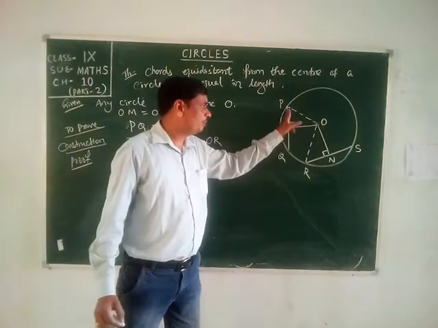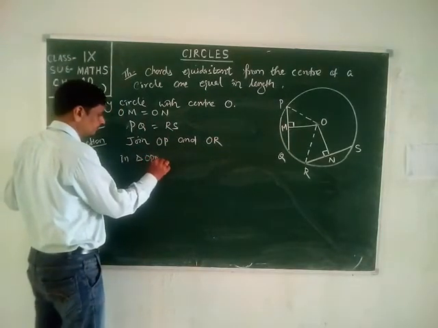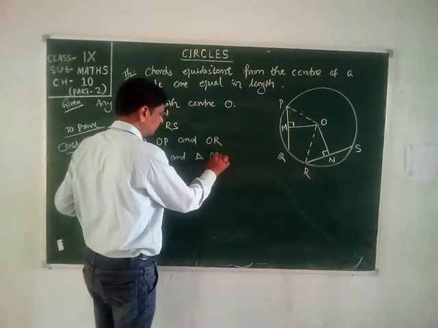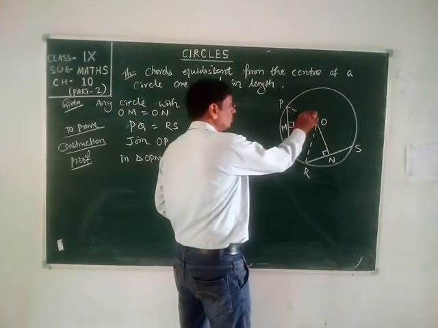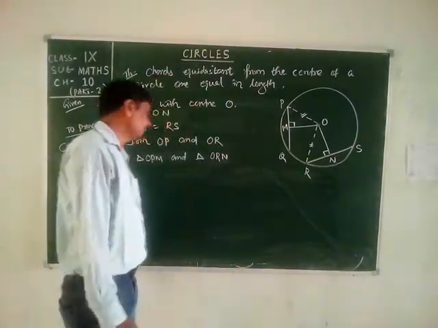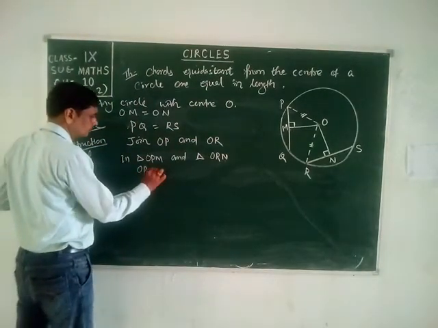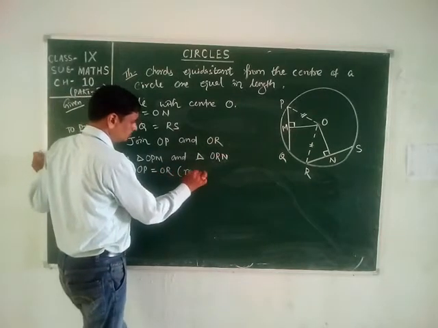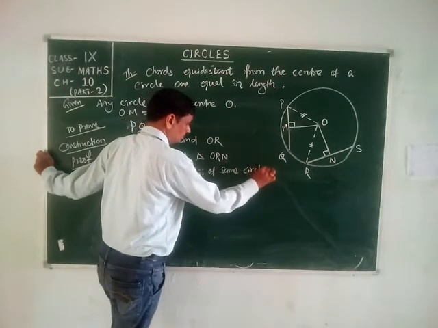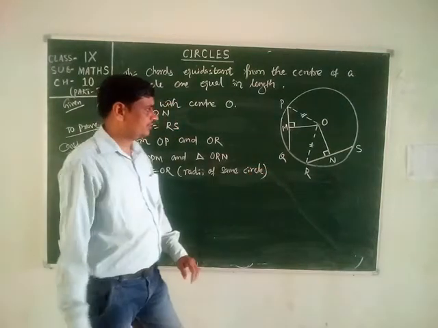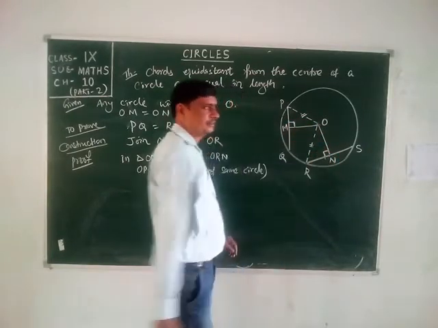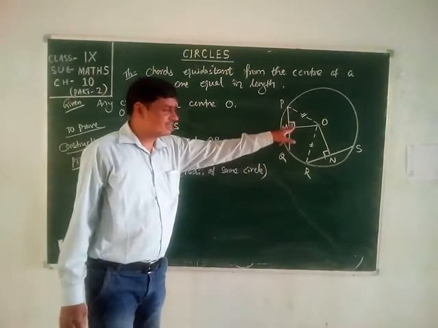In triangle OPM and triangle ORN, OP and OR both are equal because they are the radii of the same circle. Next, angles PMO and RNO are 90 degrees. OM perpendicular on PQ means this angle will be 90 degrees.